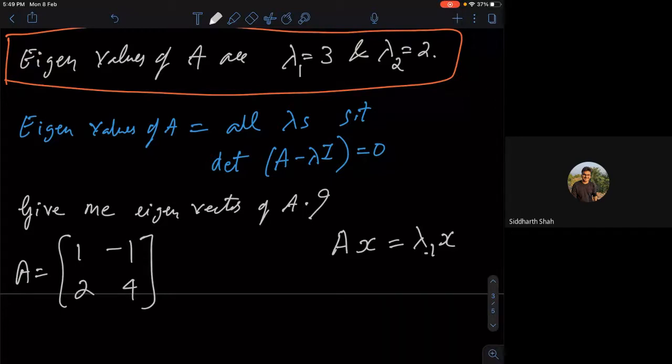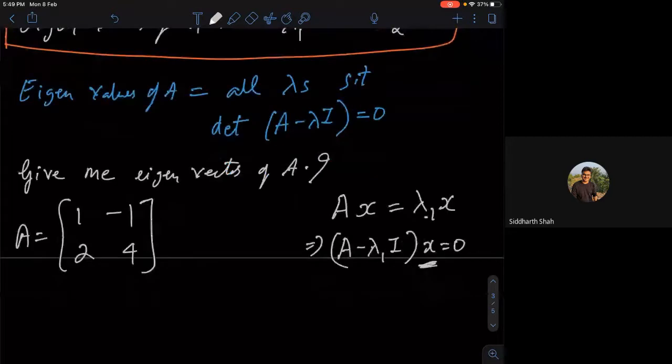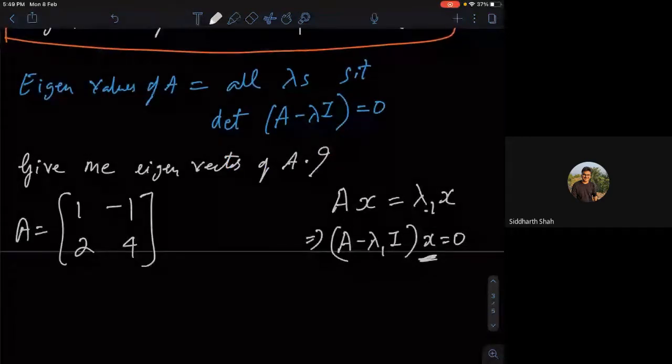This is the same as writing A minus lambda 1 I times x equal to 0, which is what we saw earlier. So we are interested in finding that vector x which makes A minus lambda 1 I times x equal to 0.